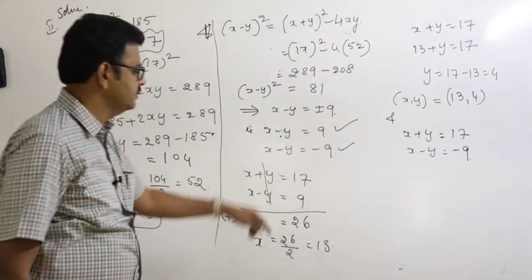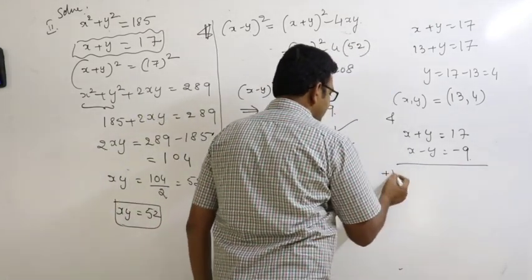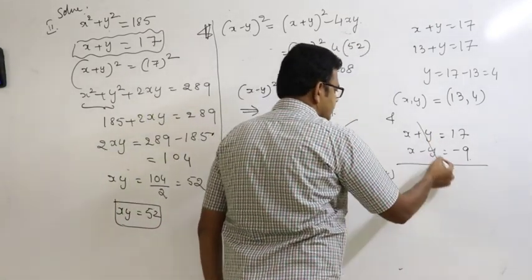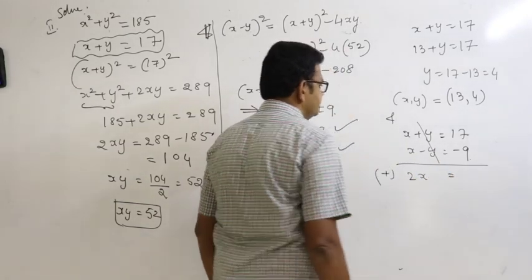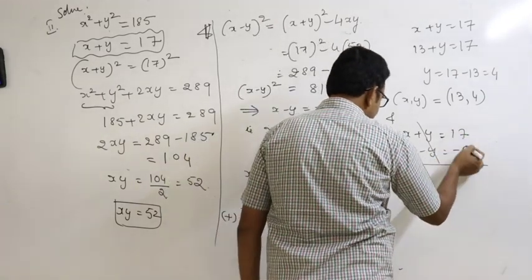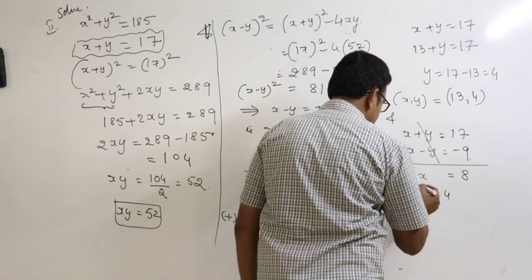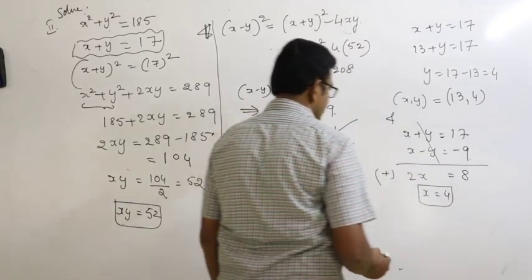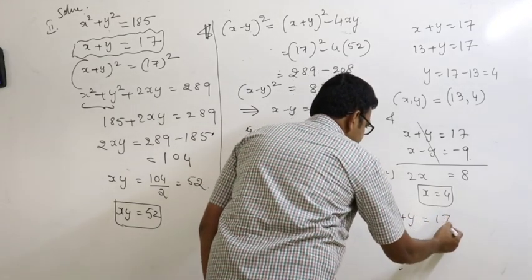Again solving these two equations by adding, plus y and minus y get cancelled. x plus x is 2x is equal to 17 minus 9, that is 8. x is equal to 4. x value 4 and x plus y is equal to 17.